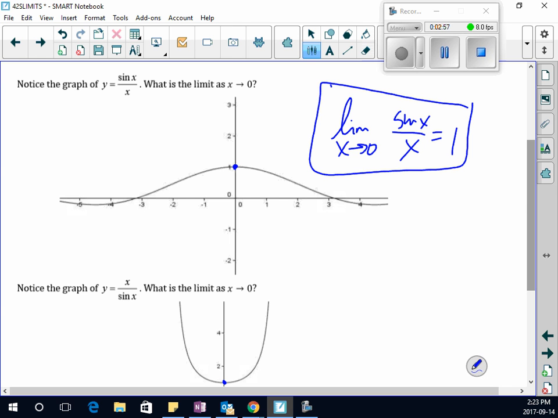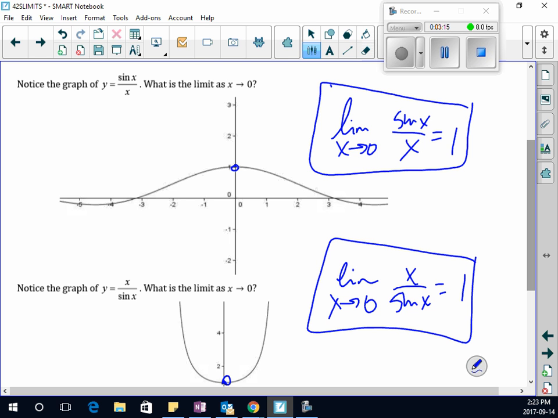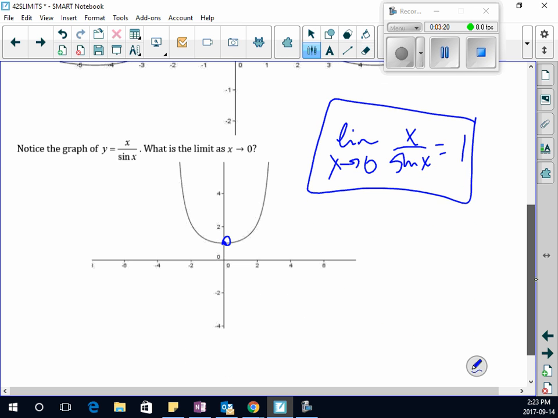So if I was zoomed in close enough, there's an actual hole right there, and a hole right there. I shouldn't be doing it as a point. But anyways, the limit as x goes to 0 of x over sine x equals 1 as well. So make sure you have that in your back pocket from now on. You have to know that. Okay?